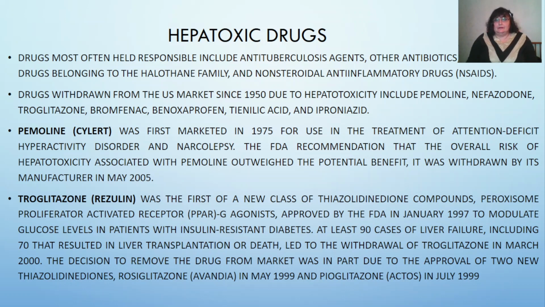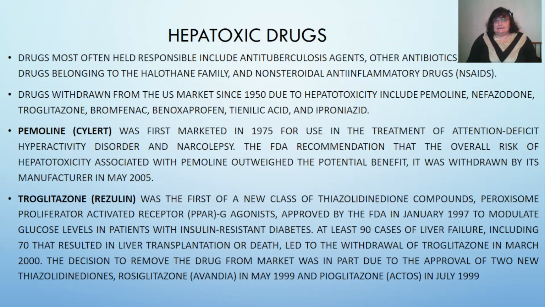Troglitazone, Rezulin, was the first of a new class of thiazolidinedione compounds, a peroxisome proliferator-activated receptor gamma, PPAR-gamma, agonist approved by the FDA in January 1997 to modulate glucose level in patients with insulin-resistant diabetes.